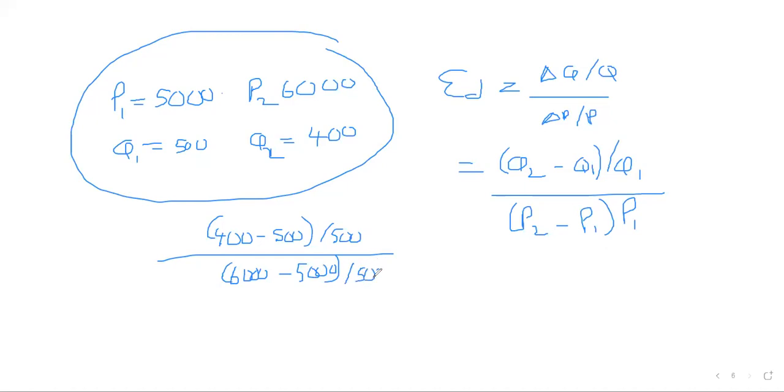Elasticity of demand is always negative. So when you get here, we're going to get negative 0.2. Here, 0.2 positive. So this will give you a negative 1. So this means demand is what? Unit elastic.